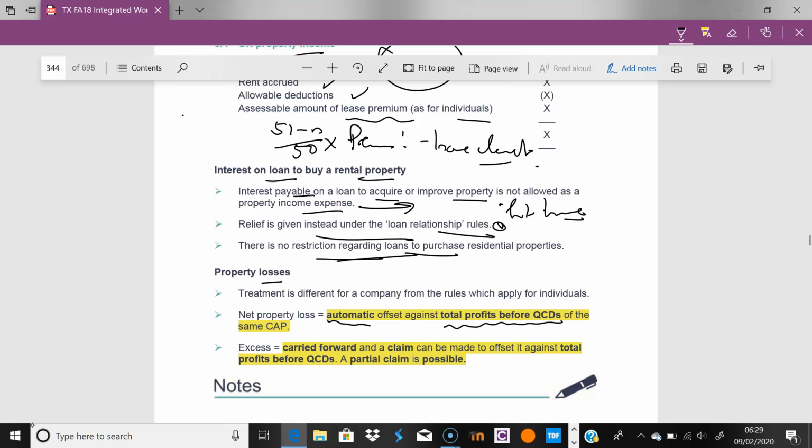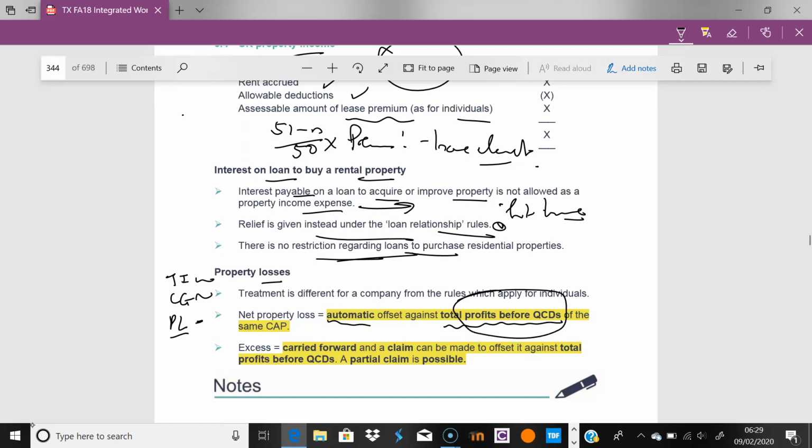So maybe you have some trading income, chargeable gains, property losses. Again, you can use these losses against these incomes in your year, and that will reduce your overall total taxable profits. Then carry forward the rest. But you must use it before your QCDs.